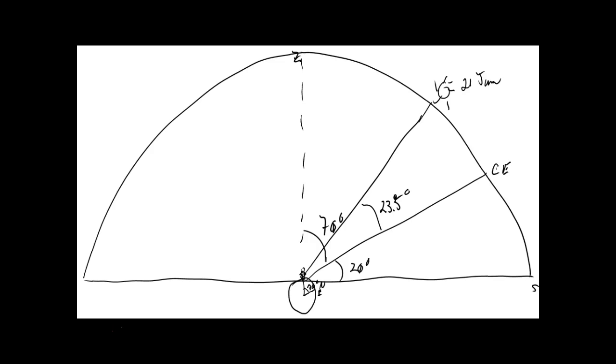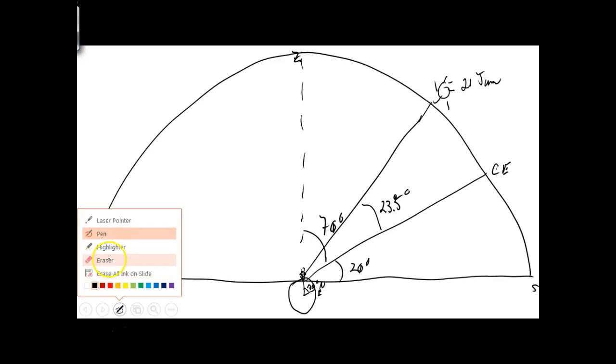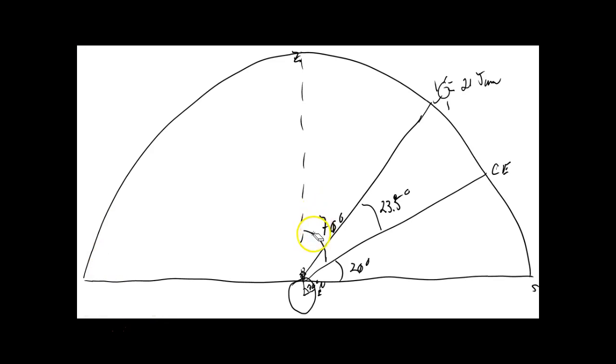Calculate the altitude of the sun in degrees over the southern horizon at noon on June 21st for an observer at latitude 40 degrees north. Okay, so we're going to have to shift a little bit here, and let me erase some of this, but not all of it.